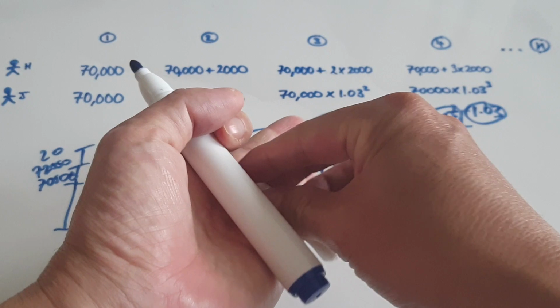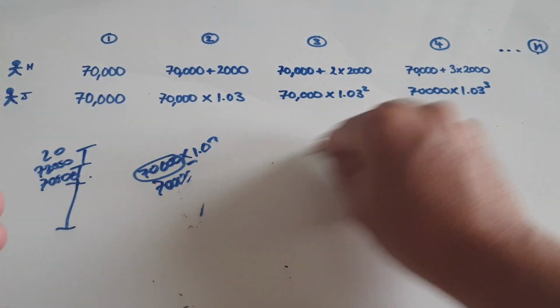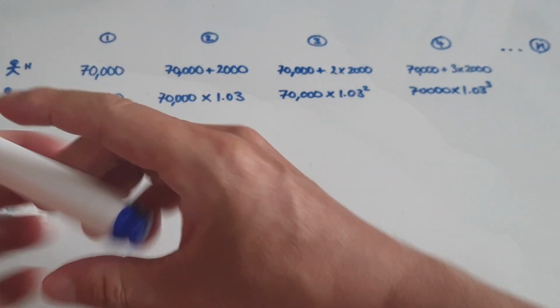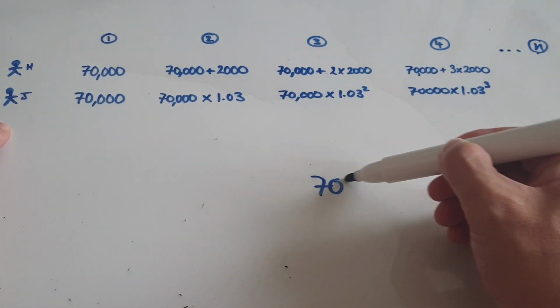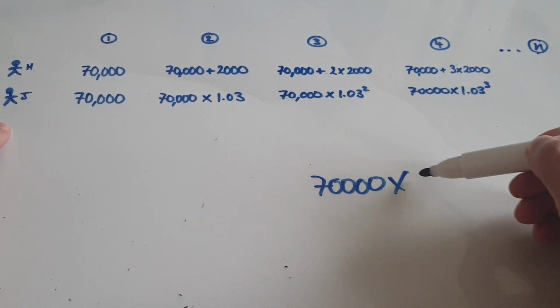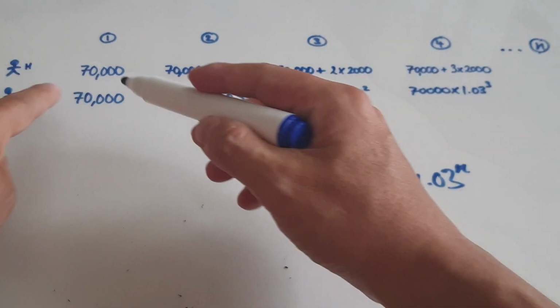So the difference here is that for Jane, it would be 70,000 times 1.03 to the power of whatever. So let's call it n.